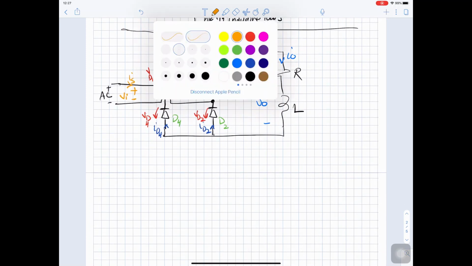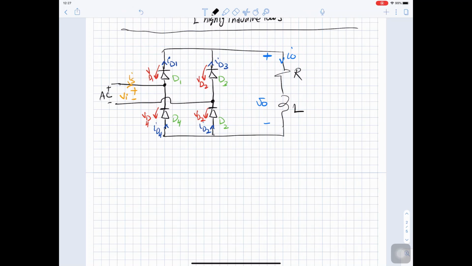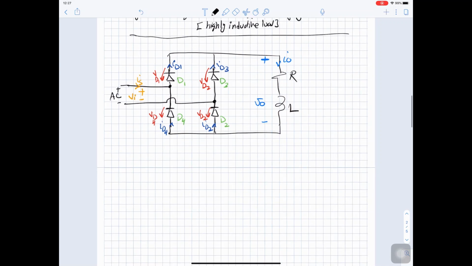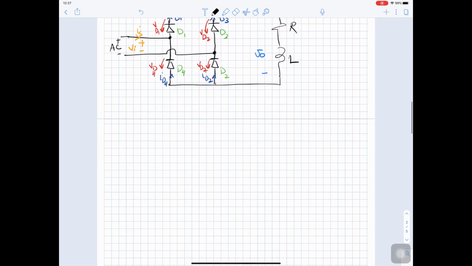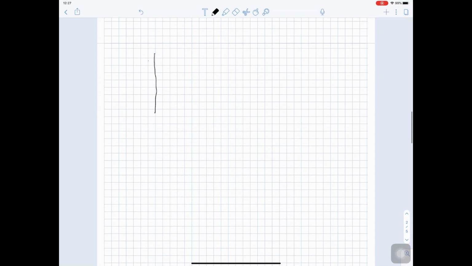And we mentioned that for each circuit, we need to sketch the waveforms. And after we sketch the waveforms, we need to calculate or find an expression for the average and for the RMS. So we start by sketching the source voltage or the input voltage.